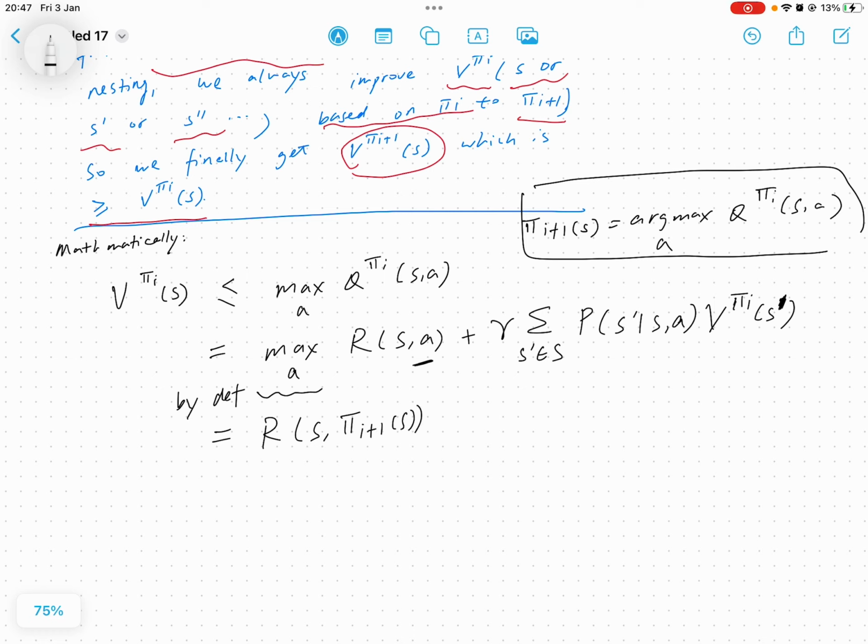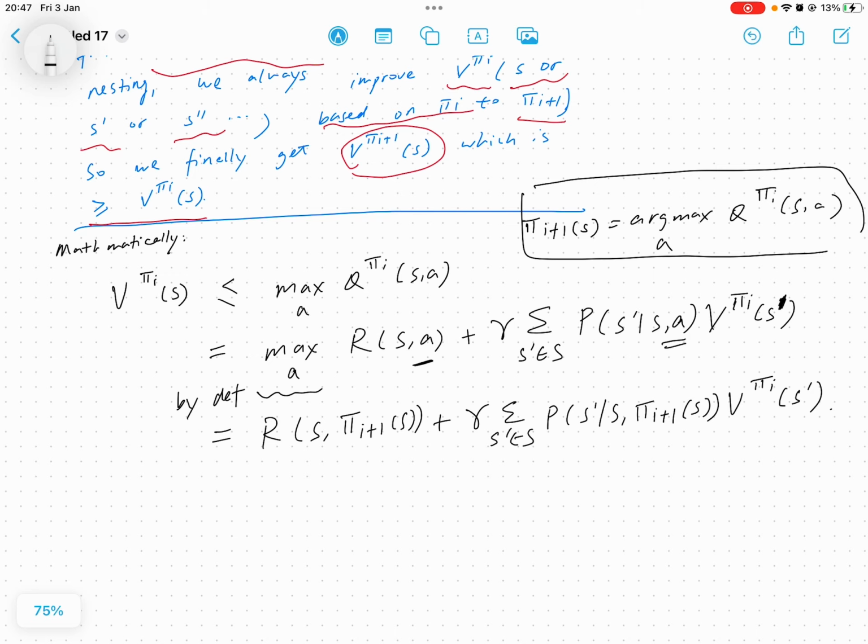Now we have this specific value for A. Plus gamma, summation over s prime in S, and the same P(s' | s, A), where again A is replaced by pi I plus 1 of s, and the same for everything else. This is by the definition of pi I plus 1 in this step.